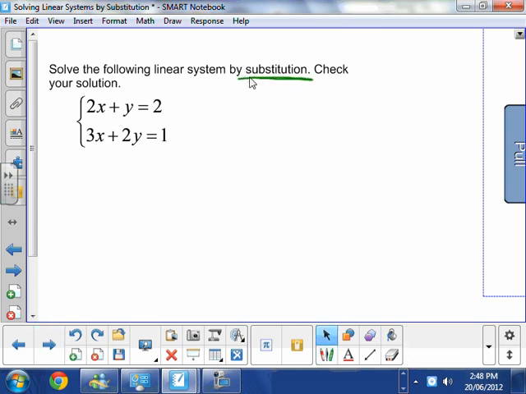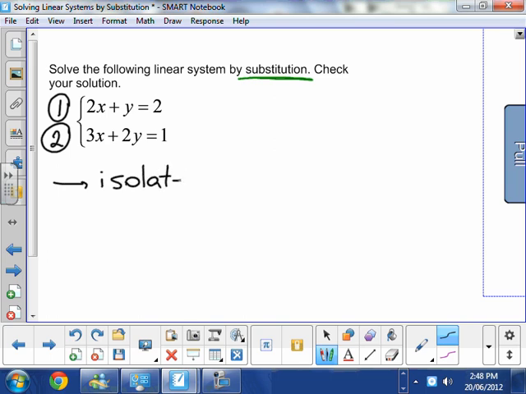Well, substitution means that you substitute something for something else. And looking at our given system, in the first step, we will have to isolate either x or y. Which one? I would go with the first equation, and I would isolate the y value. It requires the least amount of steps.